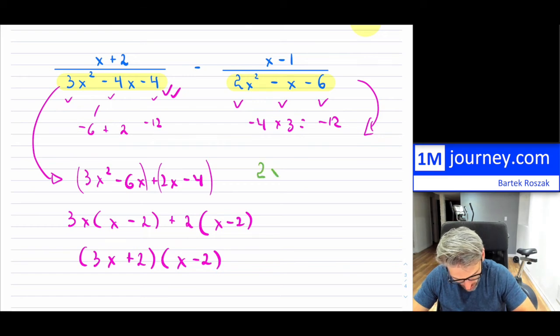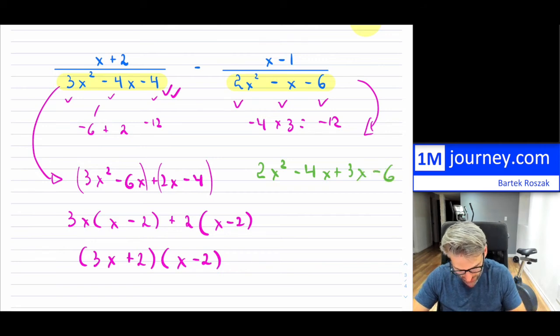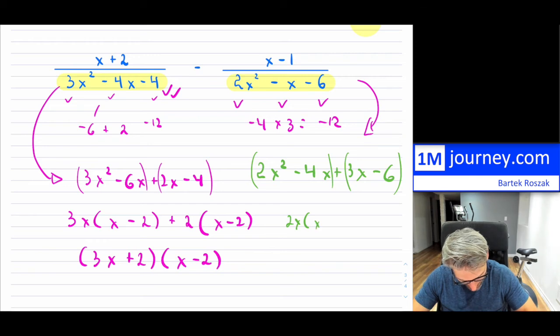So I'll get 2x squared minus 4x plus 3x minus 6. So that's that. So let's group these like that. And we're going to get 2x times x minus 2 plus 3 times x minus 2. So this gives me the other denominator.